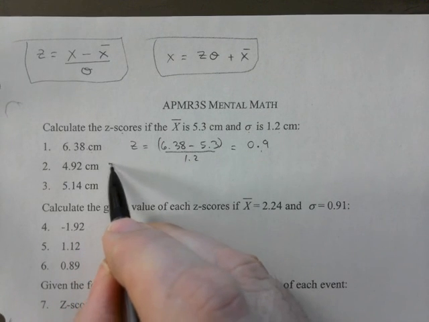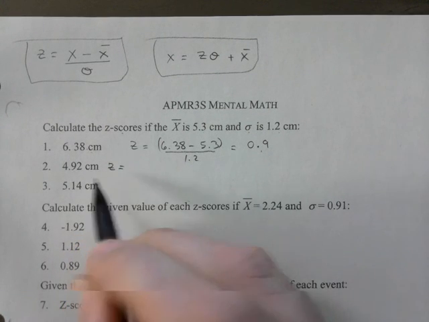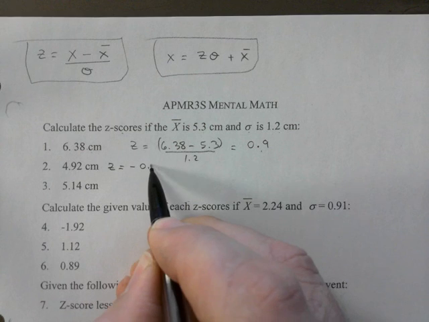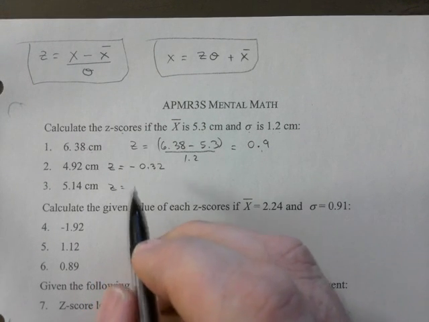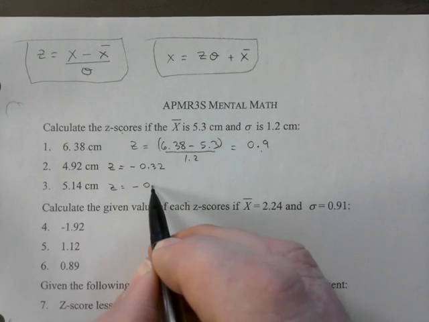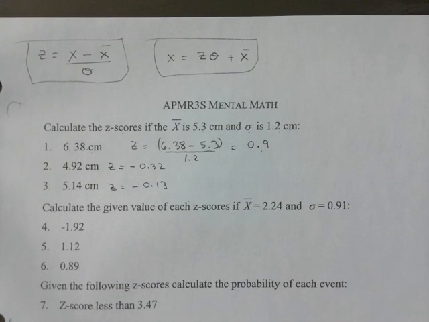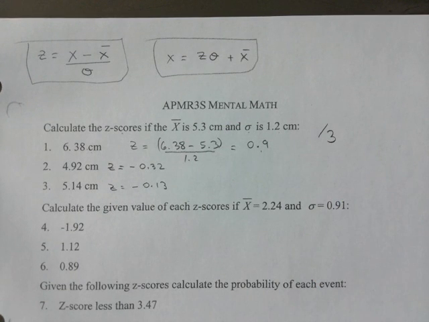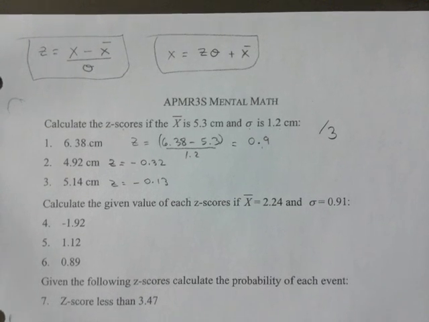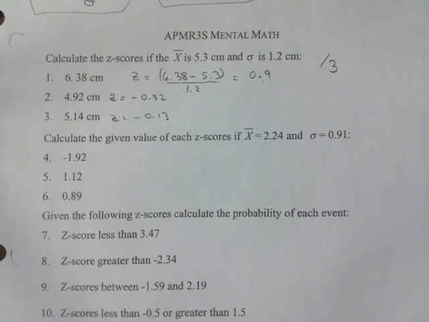And so the z-score for 4.92 is negative 0.32. The z-score for 5.14 is negative 0.13. Okay, so we'll give you 1 mark for each. So that's a total of 3 for the first 3 questions.